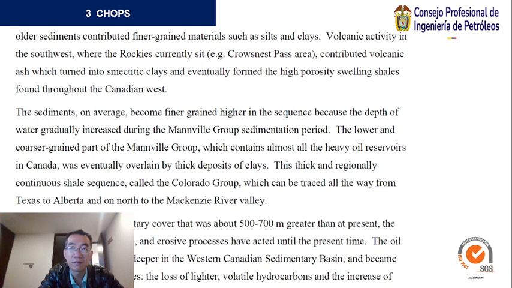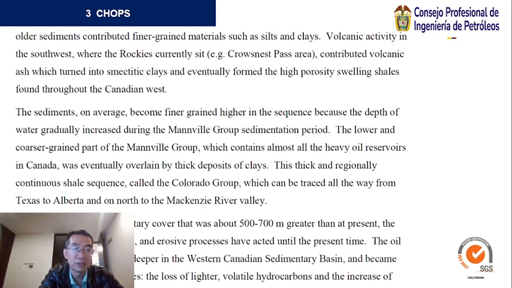Volcanic activity in the southwest, where the Rockies currently sit, contributed volcanic ash, which turned into smectitic clays and eventually formed the high porosity swelling shales found throughout the Canadian West.